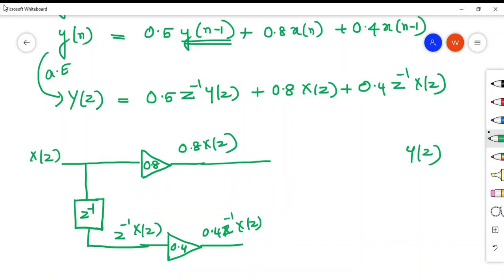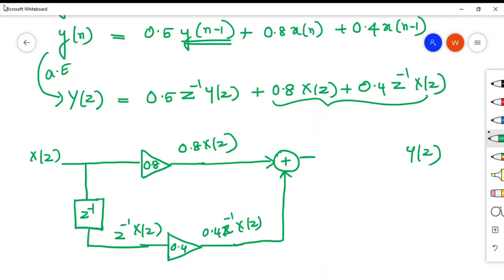Now all the x of z terms have to be added together. So here these two are coming, that is 0.8 x of z plus 0.4 z inverse x of z. Now one more term you require is 0.5 z inverse y of z.